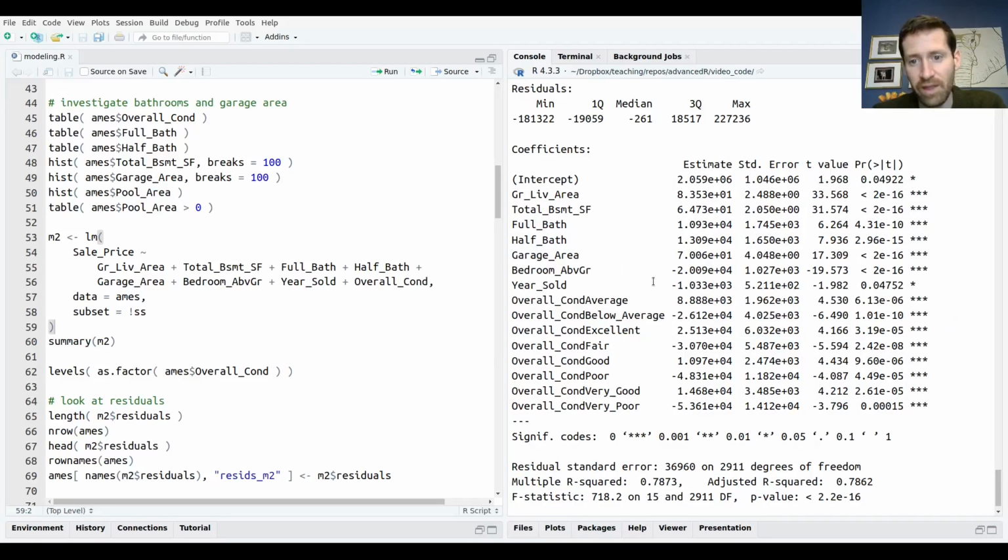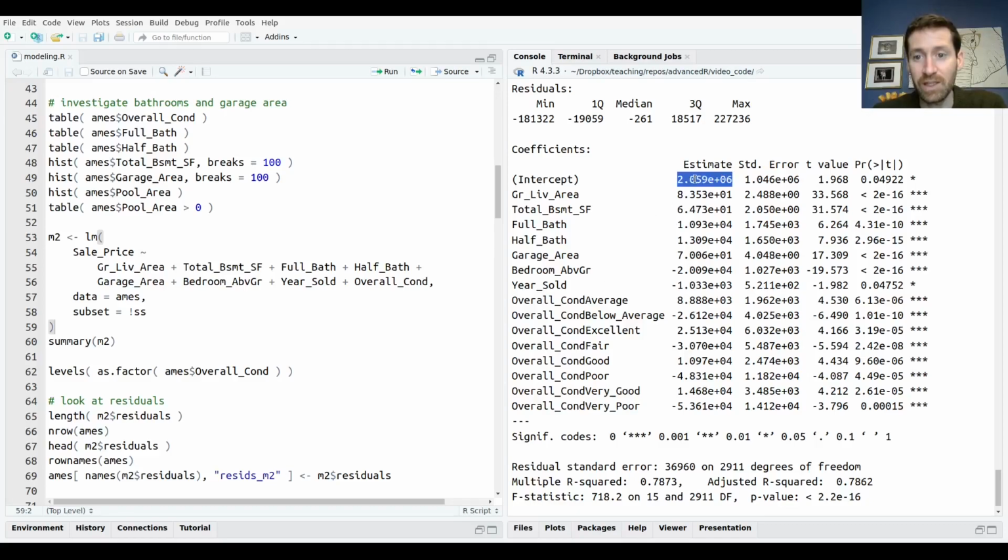What's going on there is year sold is 2006 through 2010. So basically, if you set this to its lowest, to 0, you're at year 0. So that's like an enormous extrapolation outside of the range of the data. So that's why you get a ridiculous value here.